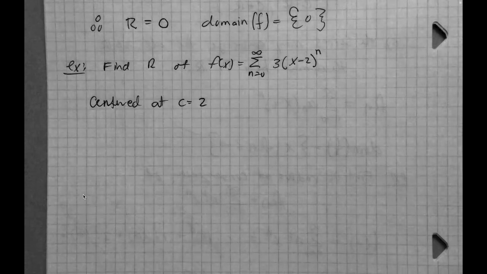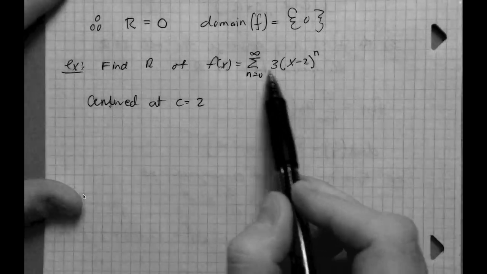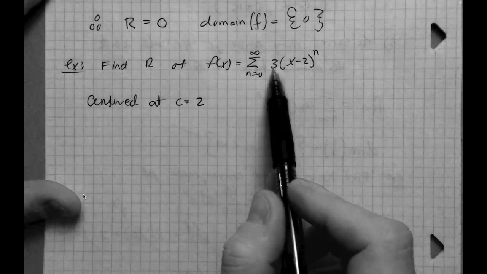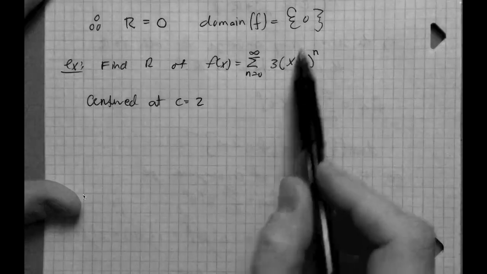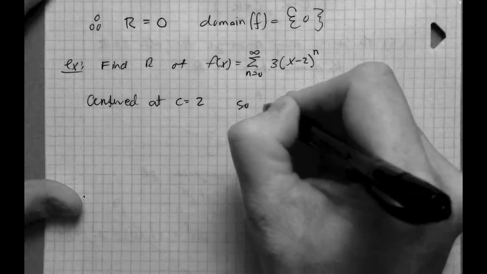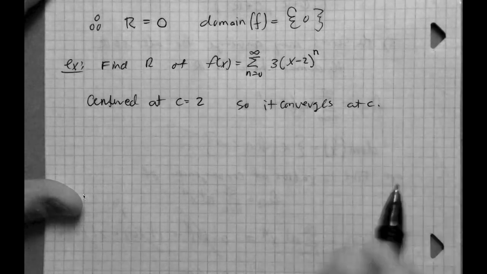We could test this by plugging in a 2, but you can see clearly that this will be 3 times 0 to the 0 power, 3 times 0 to the first power, and so on. So it converges at x equals 2.